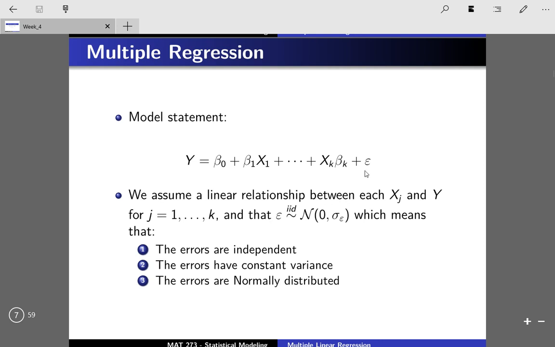We have n errors if we have n response values. So it's not like we have to check the errors for every single predictor individually. It's just jointly for our model. Our model just has one set of errors. So the same as before, we're checking if the errors are independent, if they have constant variance, and if the errors are normally distributed.